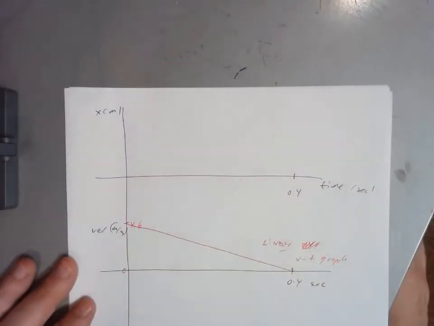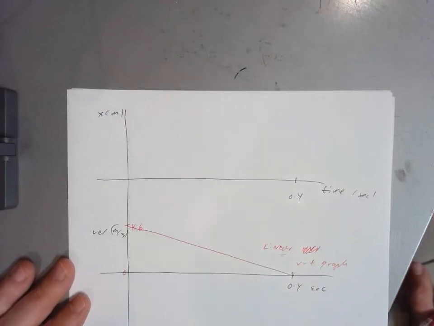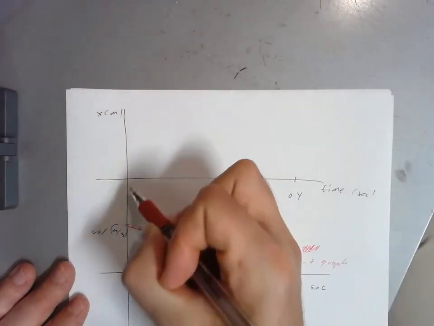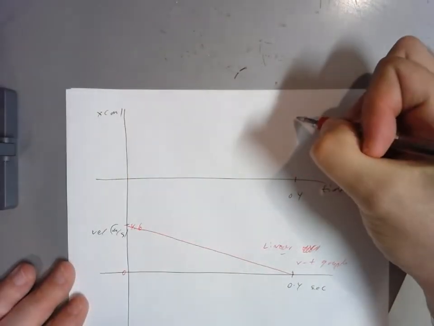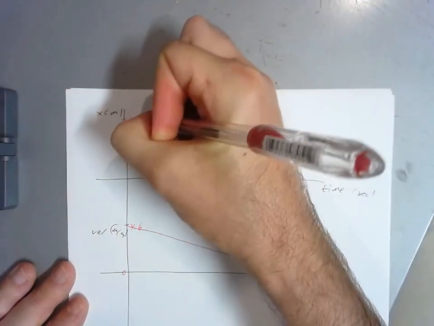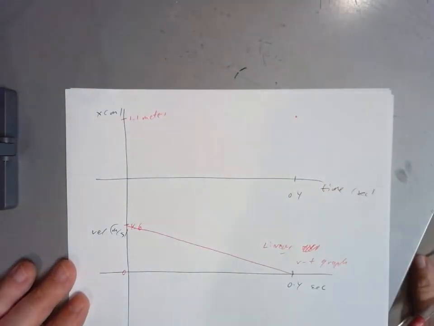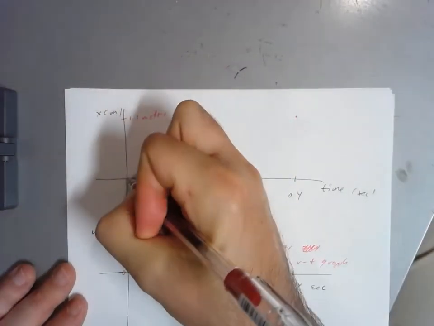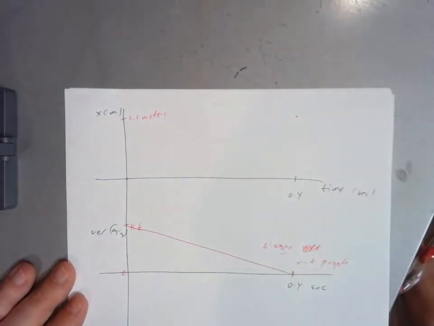All right, the final graph is the position time graph. We learned that that's going to be a parabola or part of a parabola. So I know that the person starts at the origin, we'll call the ground our origin, and he ends at his highest point. And I know that that is 1.1 meters. So in between the origin and the highest point, he's going upwards, but he's losing speed the whole time.